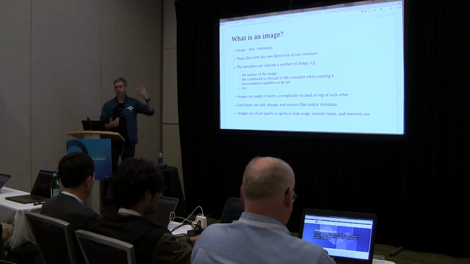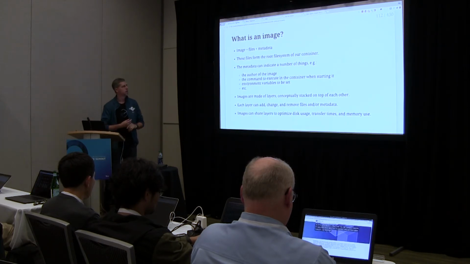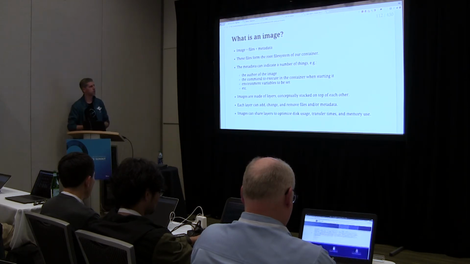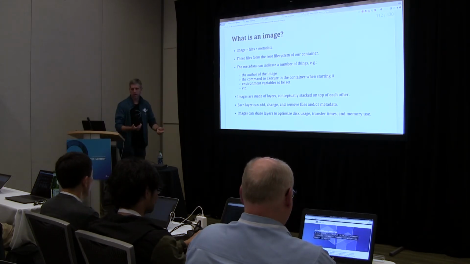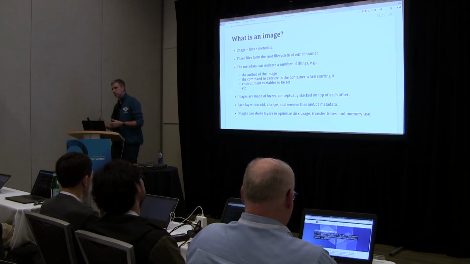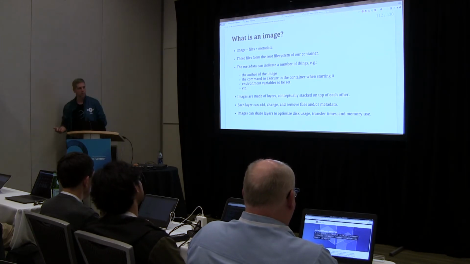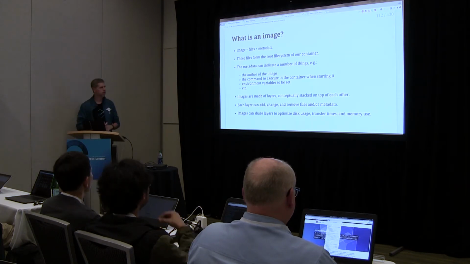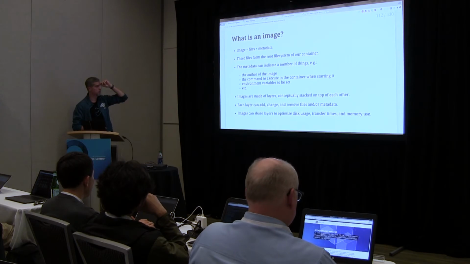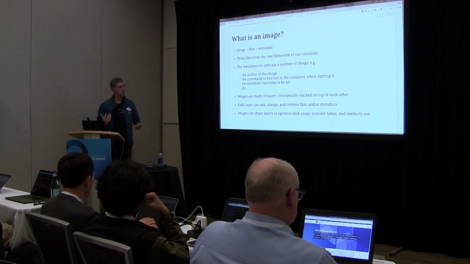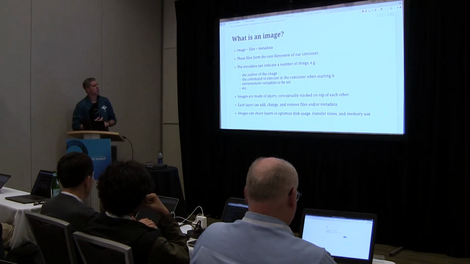Images are always made up of files and metadata about the image itself, things that we want to store. The files themselves, those will become the root file system. So when we do that Docker run Ubuntu, and we're at a prompt, it looks like we have a full file system here. That's because those files are inside this image along with some metadata about that image.